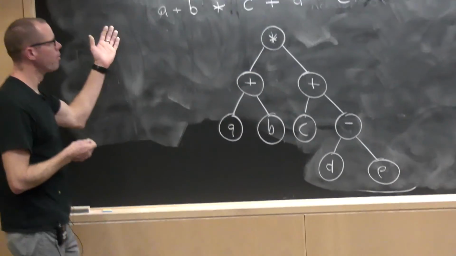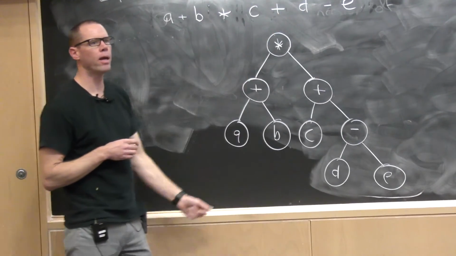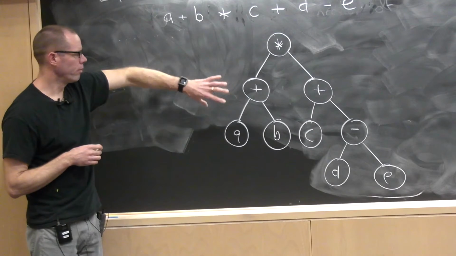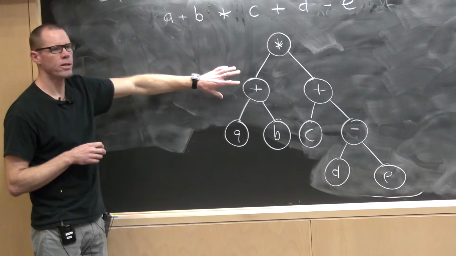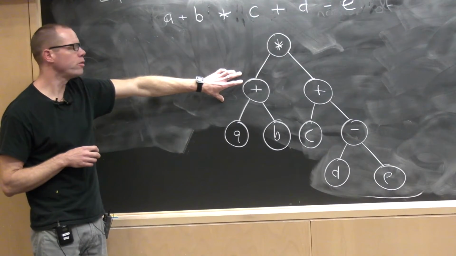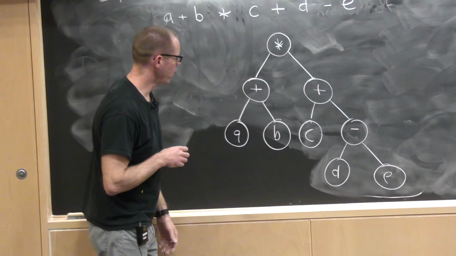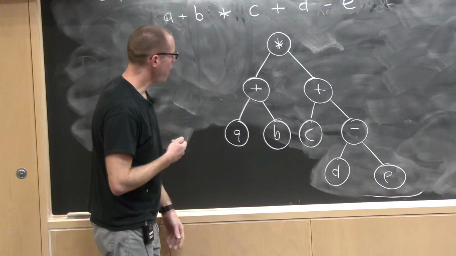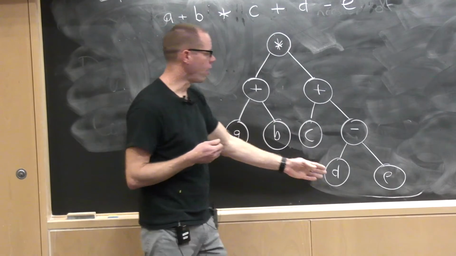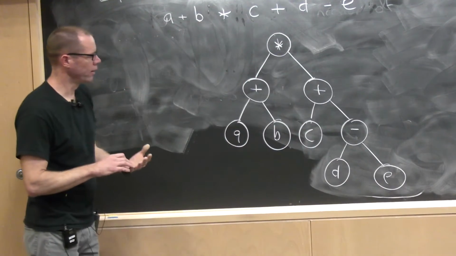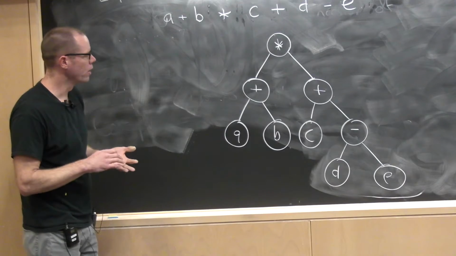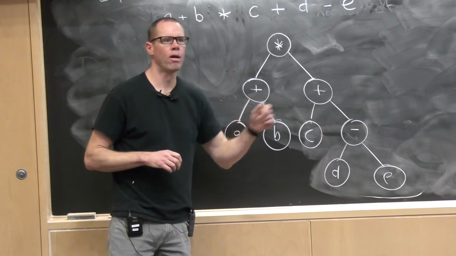So any expression that is made up of binary operators this way, we can write it equivalently as an expression tree like this: a binary tree whose internal nodes are the operators and whose leaves are either literals, meaning constant values, or variable names. In this case, they're all variable names.